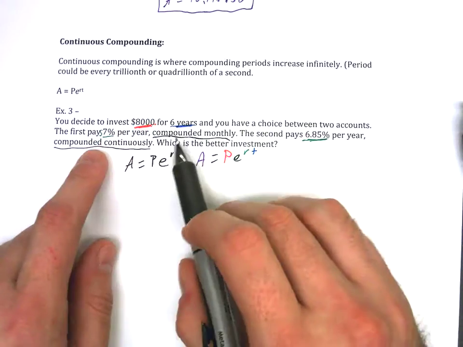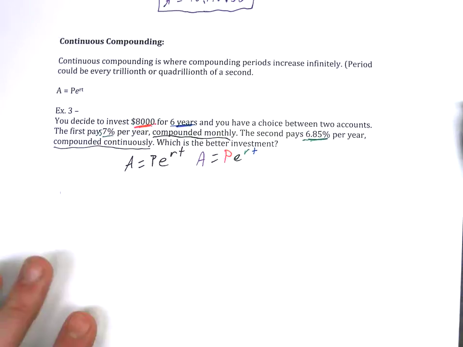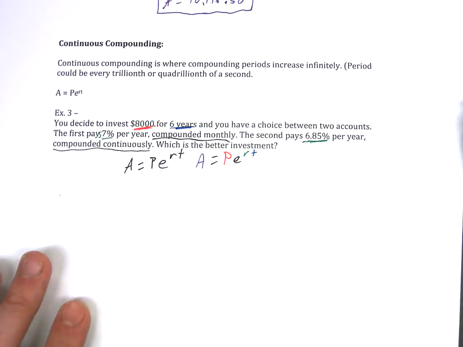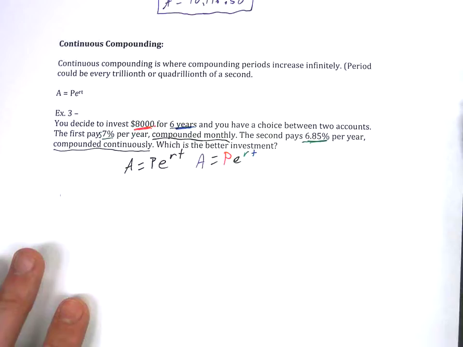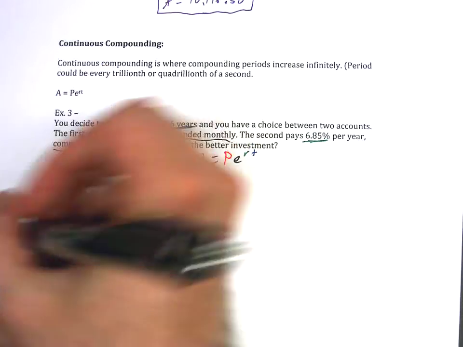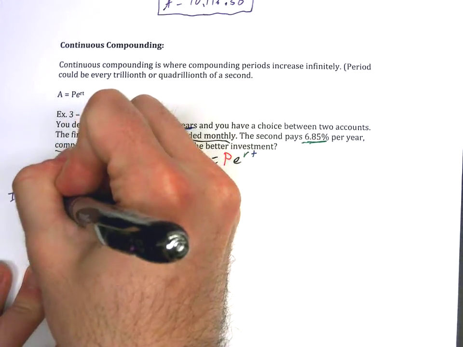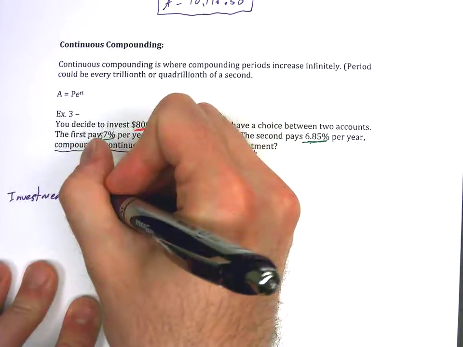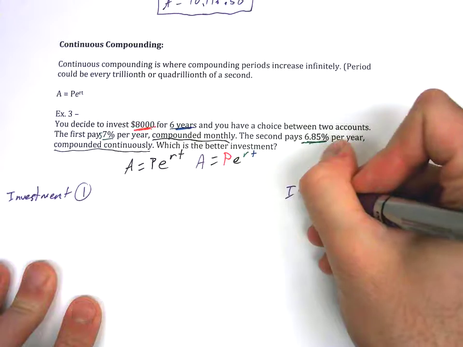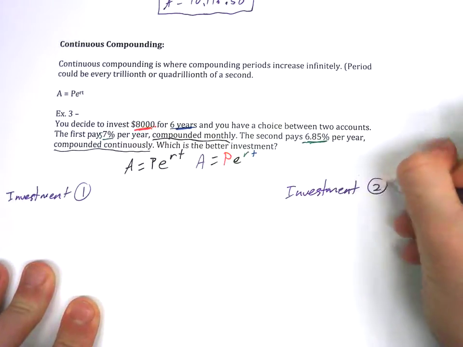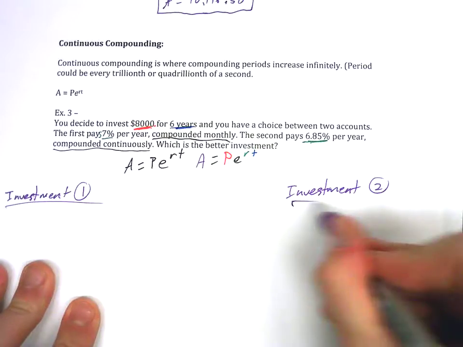The difference then comes in where it's compounded monthly versus compounded continuously. So I'm going to call this investment 1, and this one over here will be investment 2.